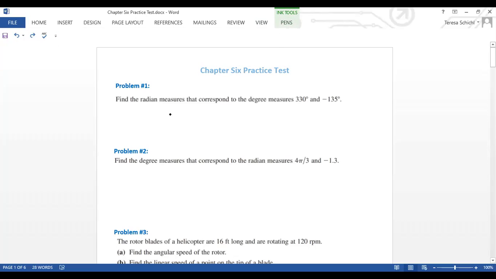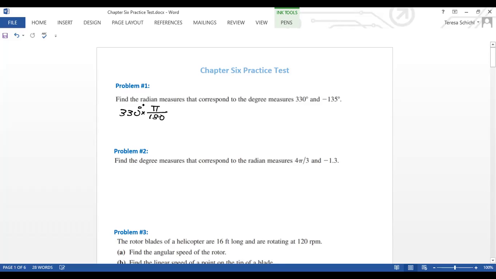The first problem is to interchange radians with degrees and degrees with radians. We want to change 330 degrees to radians. The formula for degrees to radians is: you just use your angle times pi over 180. So for the 330, I just multiply by pi over 180.